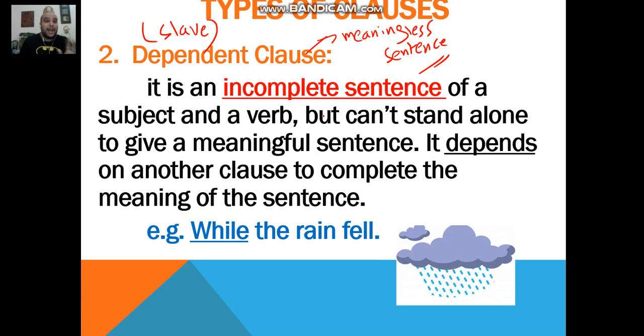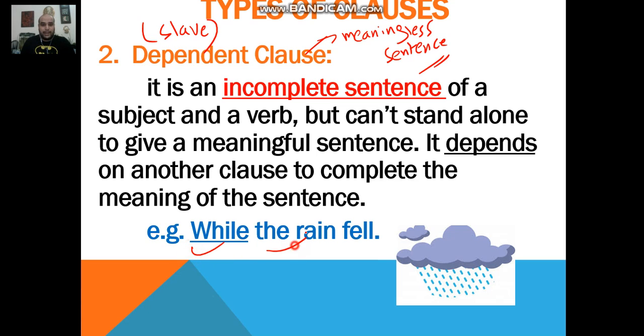When we add the suffix "less" to a word, it means it doesn't have it. However, when we add the suffix "full", it means it has it. When I say meaningful, it means it has a meaning. And when I say meaningless, it means it doesn't have any meaning. It depends on another clause to complete the meaning of the sentence.